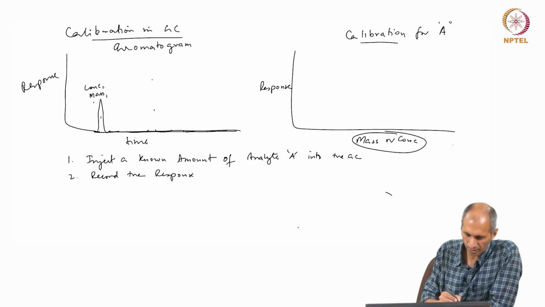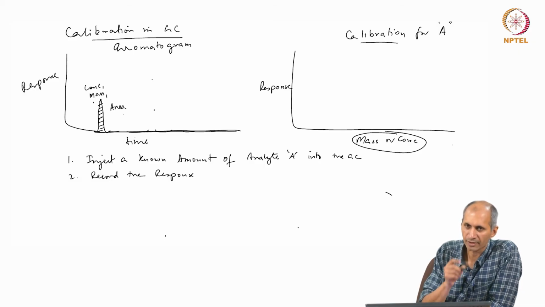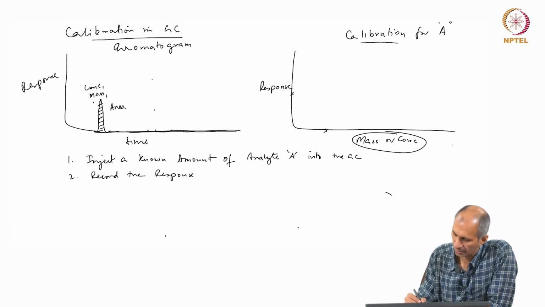Now, this response here in chromatography, typically the current state is we calculate the area under this peak. This signal hopefully corresponds to this particular compound A. As I have injected A, there is one signal that comes. So, corresponding to this one mass, I get one response, and the response here is area.